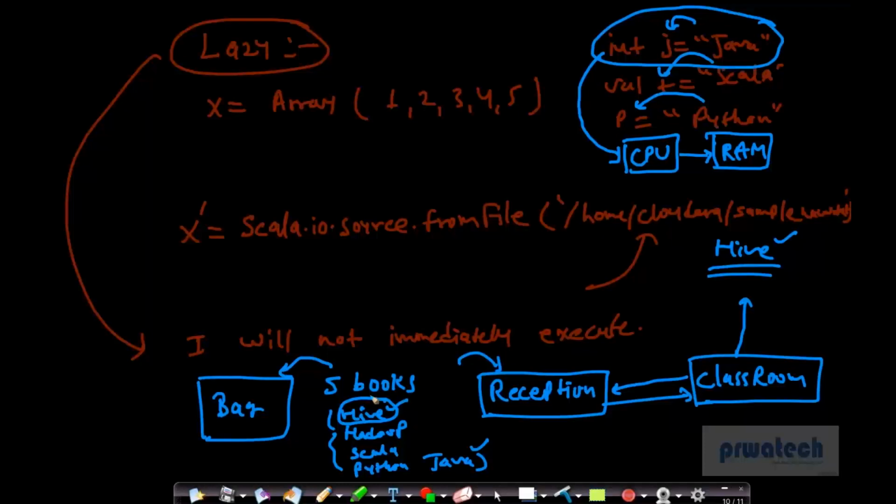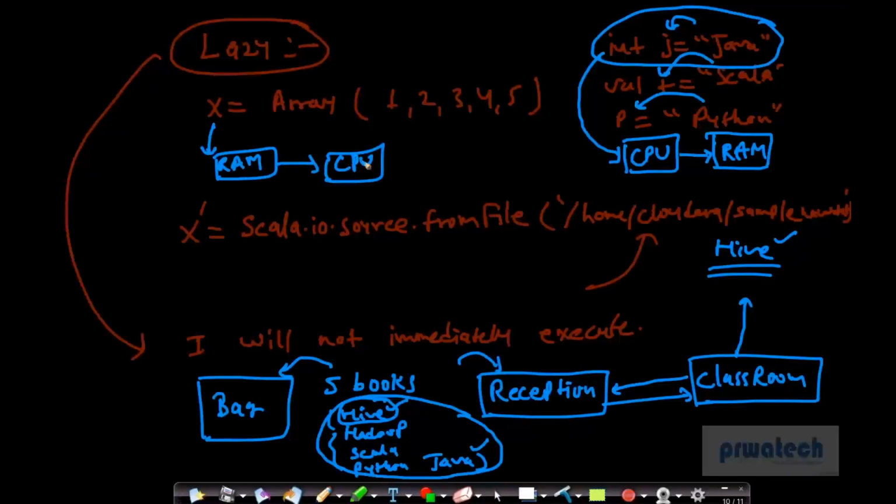Because if you think logically, if you have this array 1 to 5 and execute it immediately without looking at how many elements are there, it will keep all these 5 elements first in RAM, process them in CPU, and then give you the output.